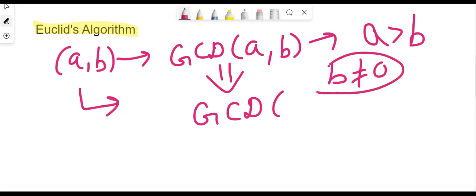We keep doing this until we reach b equals 0.